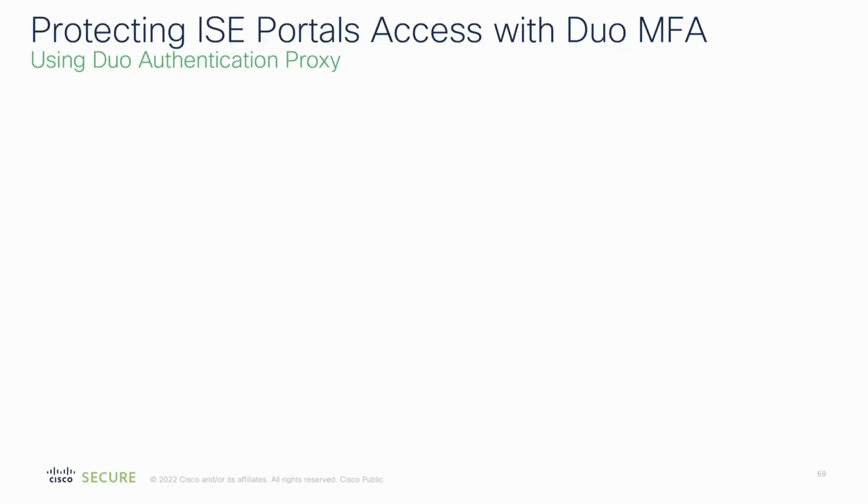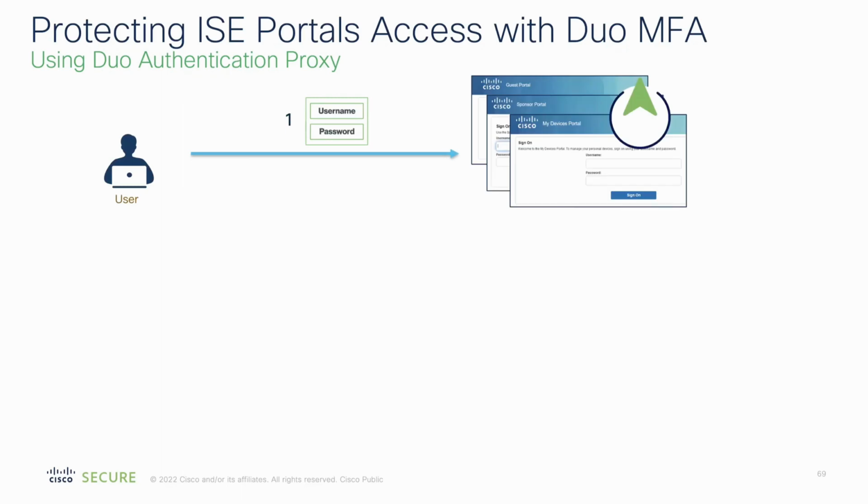At a high level, looking at the flow, a user who is trying to log into the My Devices portal, sponsor portal, or guest portal enters the credentials on these portals, and the credentials submitted are sent to the Duo Authentication Proxy, and the Duo Authentication Proxy has to be configured in ISE as a RADIUS token.